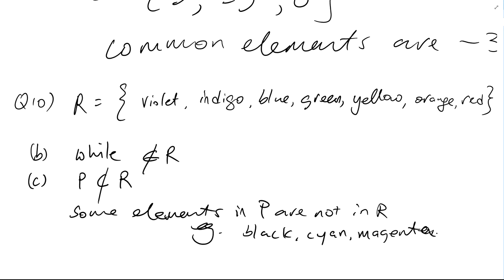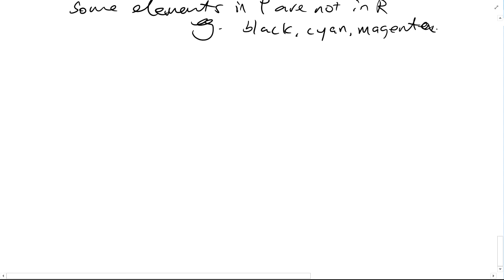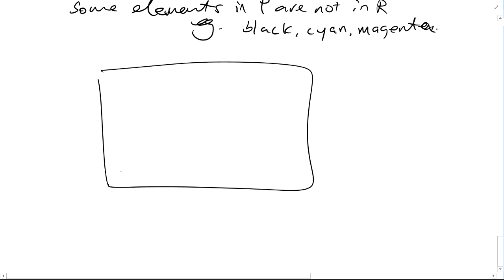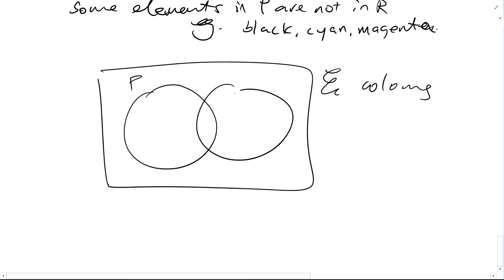Suggest a universal set for the sets P and R. A universal set. Yeah, sounds good. Colors. Okay, so inside here we've got the universal set, colors. Then we've got P, we've got R. Can you tell me what's in the middle over here? Is it P and R? Yeah, okay, what's inside the middle here?